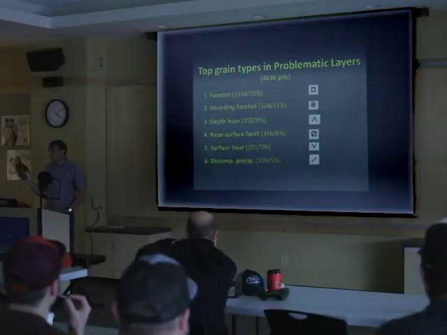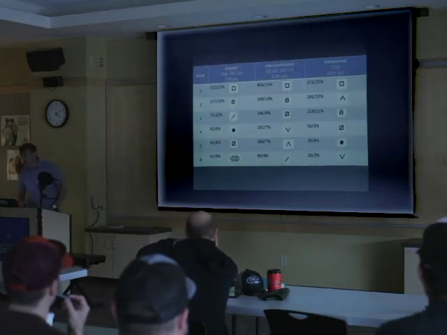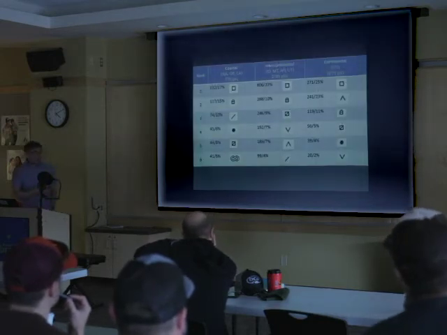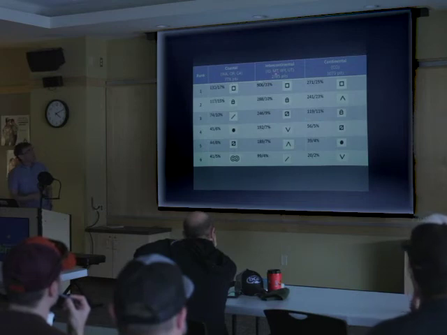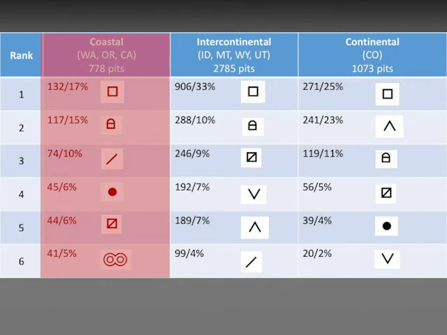Then the next question was, well, this clearly is different regionally. So when we look at the different snow climates, when we broke it up, we're looking at the coastal, intercontinental, and continental snowpacks. We see that there are some differences here. In the coastal, we can see that nothing is terribly dominant. These two at 17% and 15% here, just some facets.